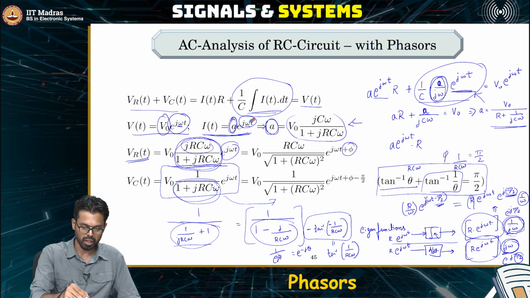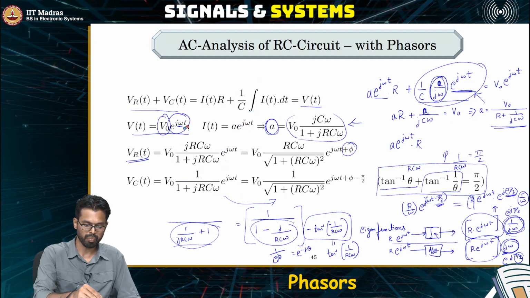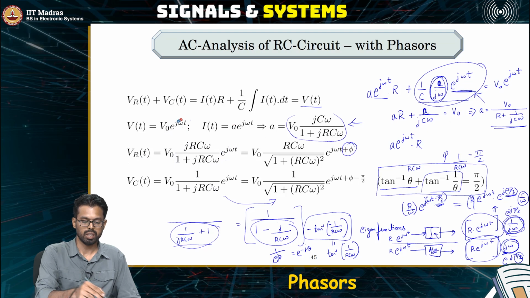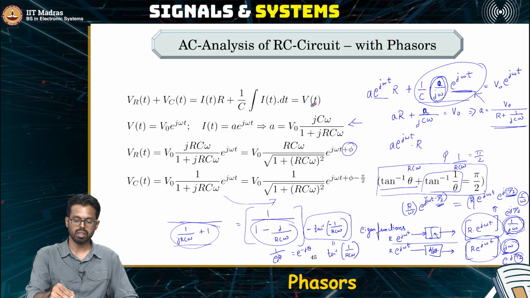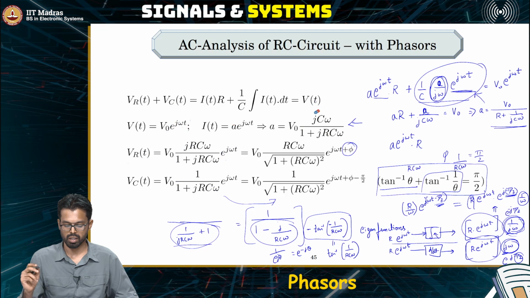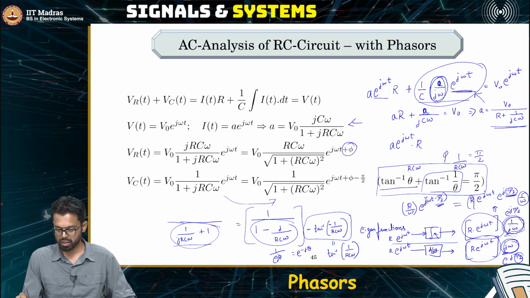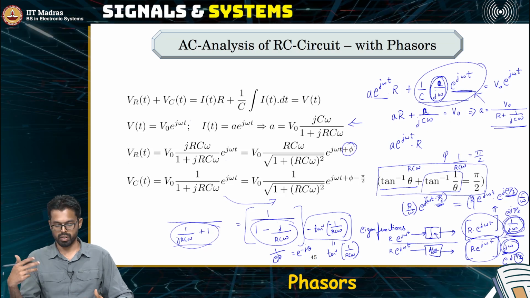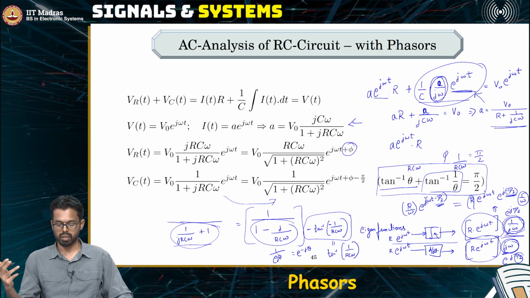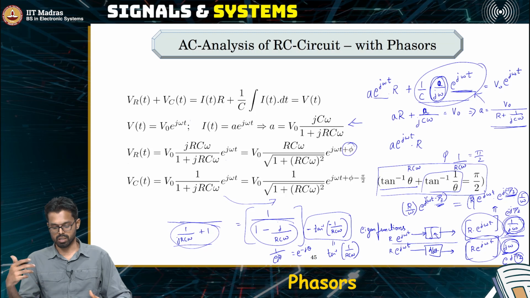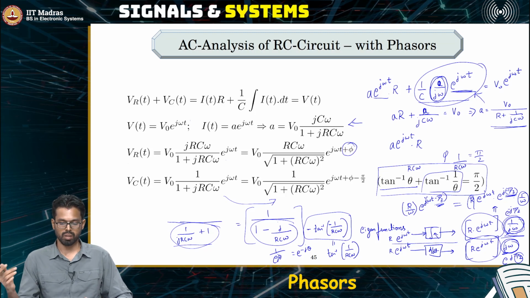All we had to keep in mind was that the phasor, when fed as the input to an integrator, the output is the phasor multiplied with 1 by j omega. Phasor, when given as the input to a derivative function, is just the phasor multiplied with j omega. That is it.